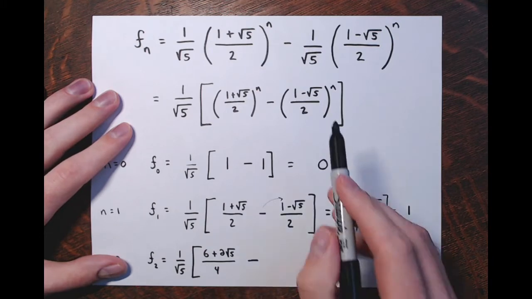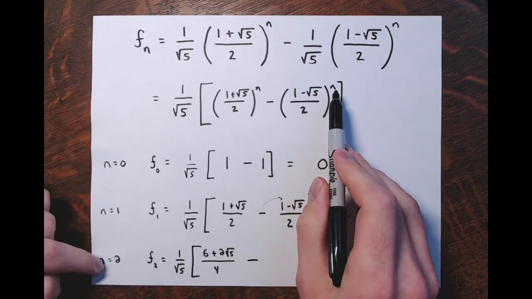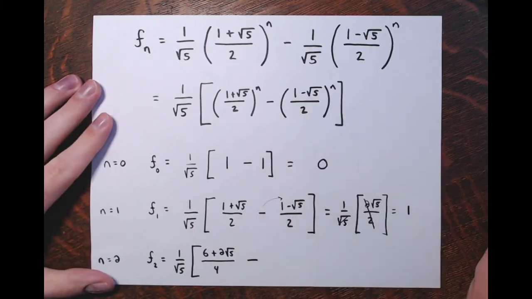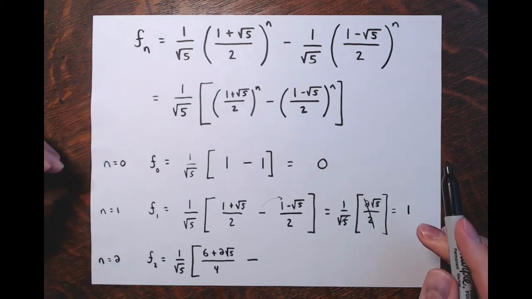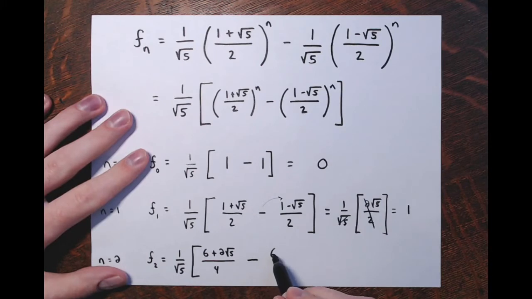Then minus, and same thing here, I'm going to square this, I'm putting in 2 for n. Now 1 minus the square root of 5, when you square it, that'd be 1 minus 2 root 5 and then plus 5, so 6 minus 2 root 5 in the numerator, and then 4 in the denominator.